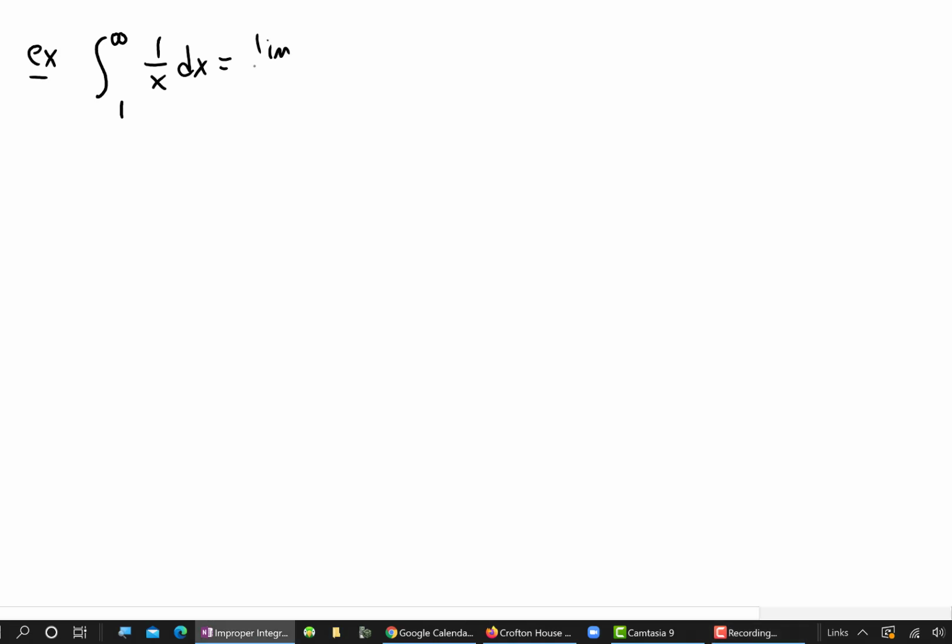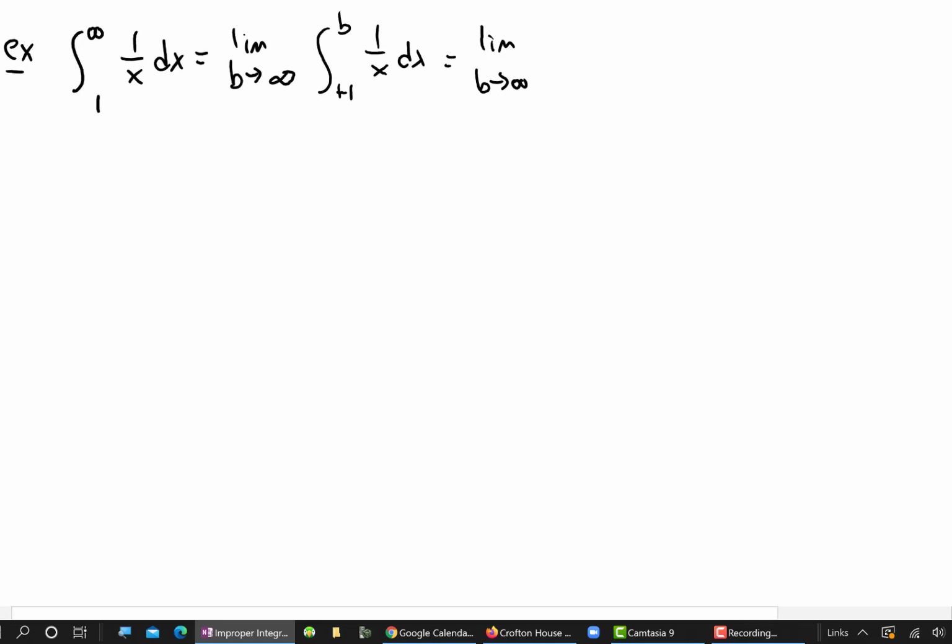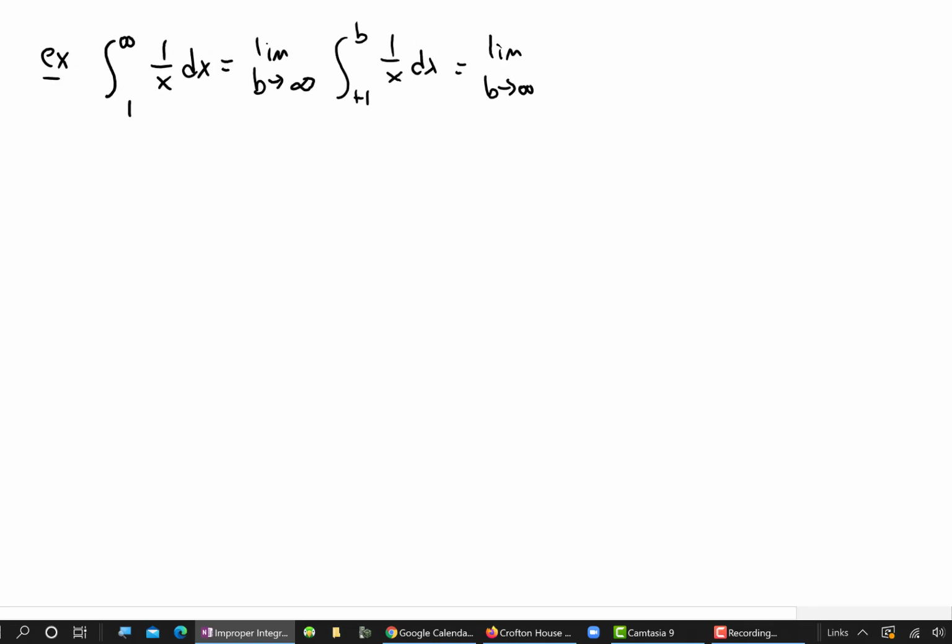So let's change this to the form of the limit as b goes to infinity of the integral from 1 to b of 1 over x dx. And I can calculate this. This function becomes ln absolute value of x evaluated between b and 1, and we need to keep the limit as b goes to infinity.